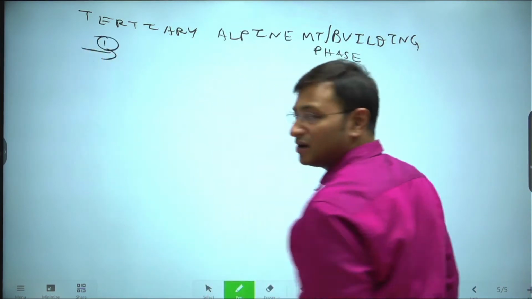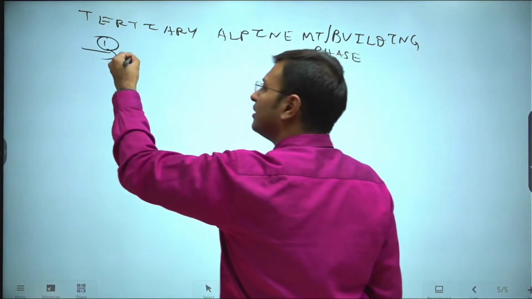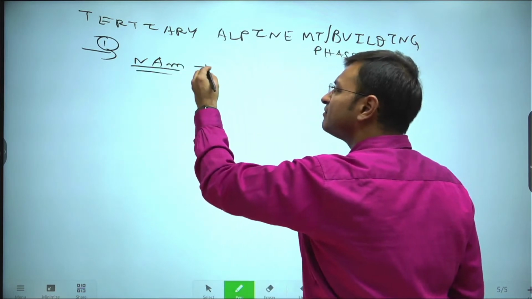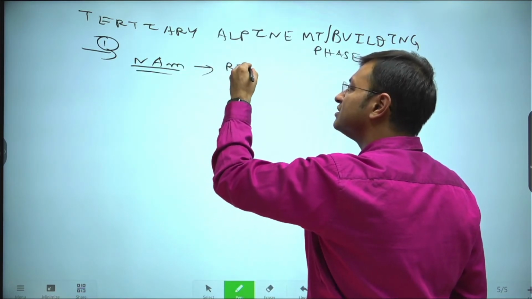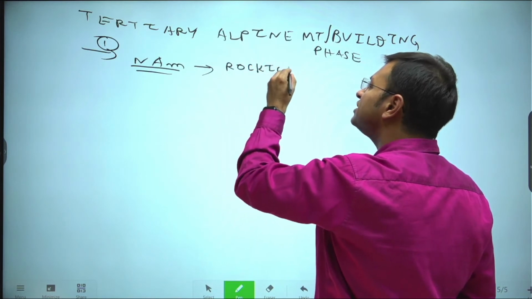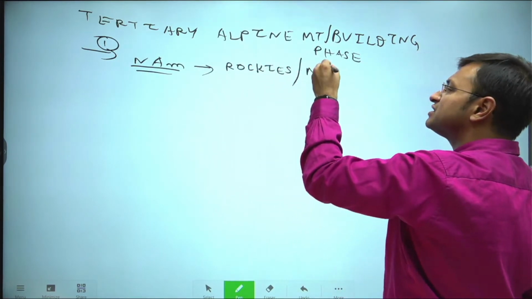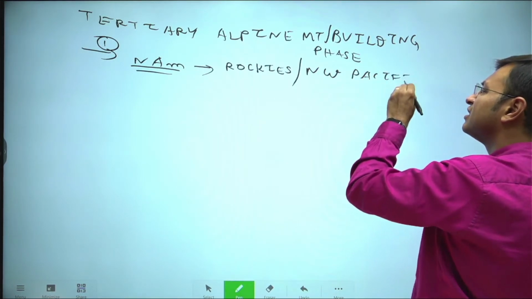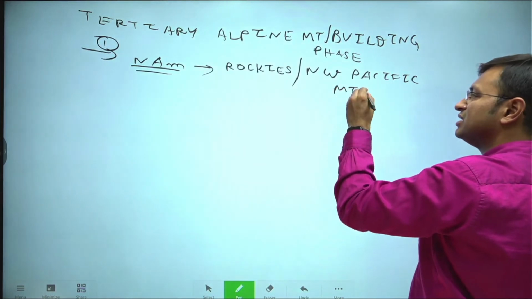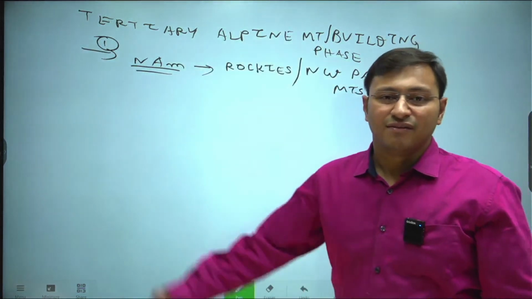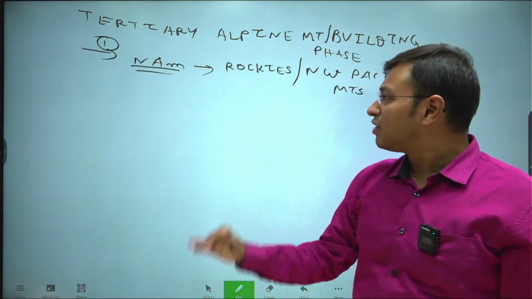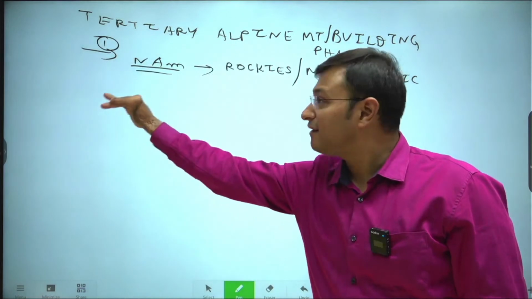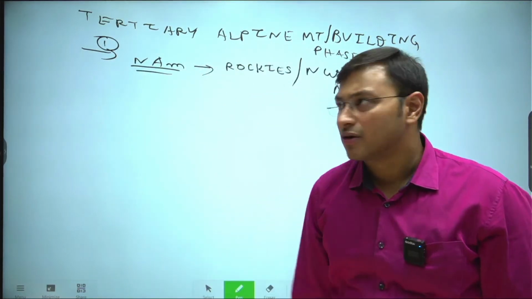Number first, in North America, you have the upliftment of Rockies and the Northwest Pacific Mountains. So this is the first kind of tertiary alpine mountain building phase, where in North America you have the upliftment of Rockies.